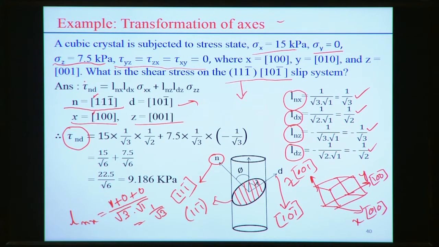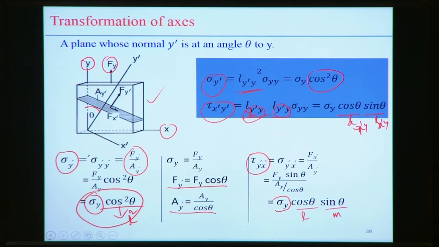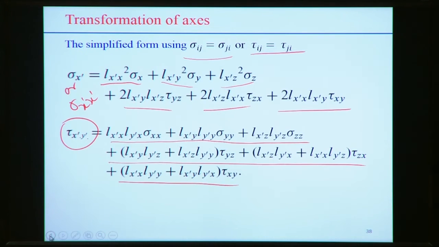Now tau_nd, since here sigma y equals 0 and all the shear components equal 0. If we see the transformation of the axis system, we go back to that, shear stress can also be calculated. There exist six components, but out of the six components, only sigma xx and sigma zz are nonzero, yz is 0, xy equals 0.